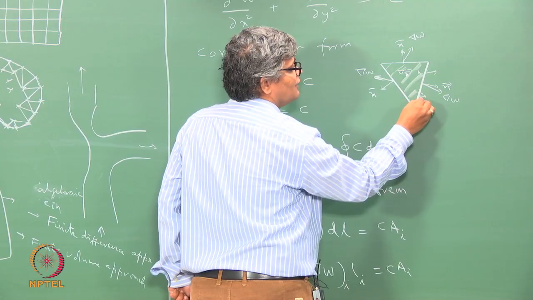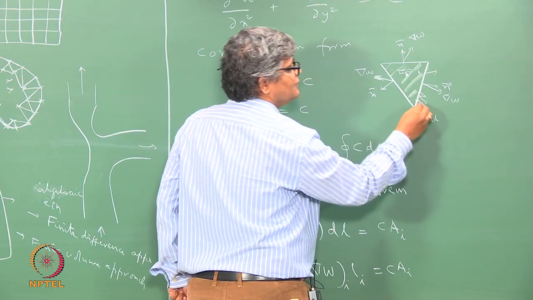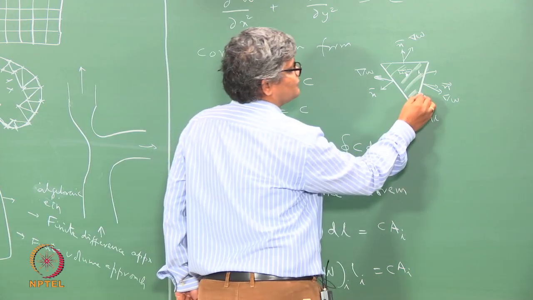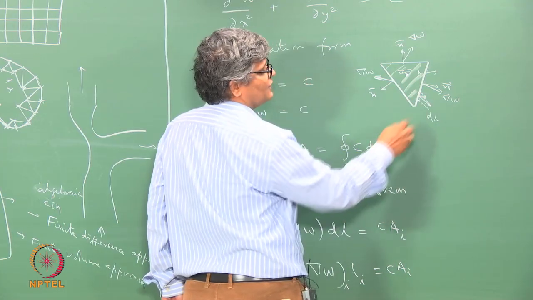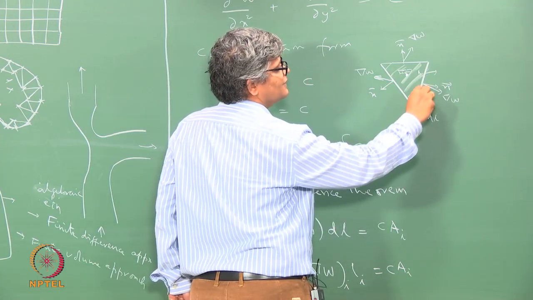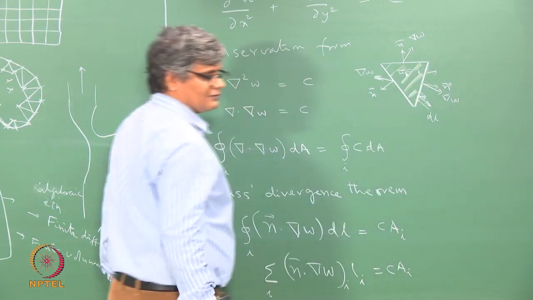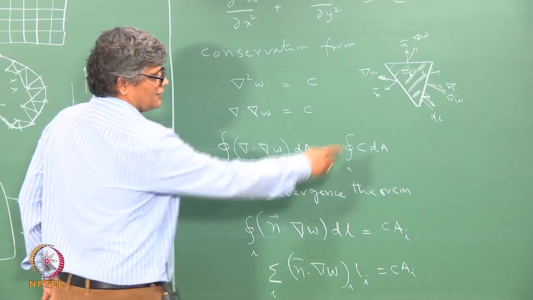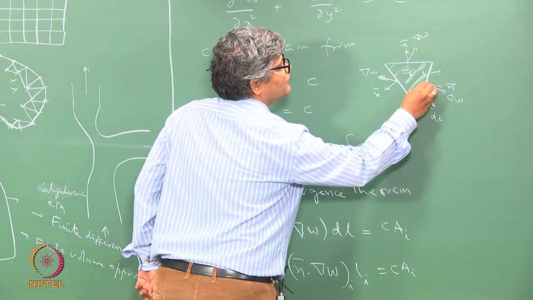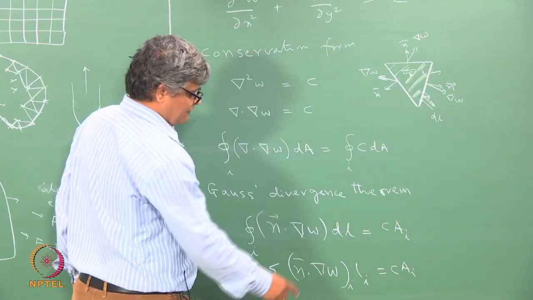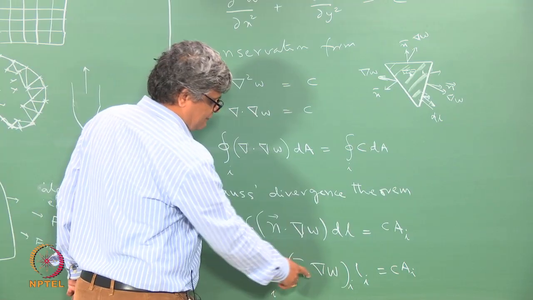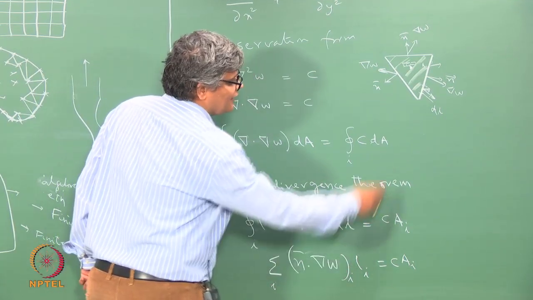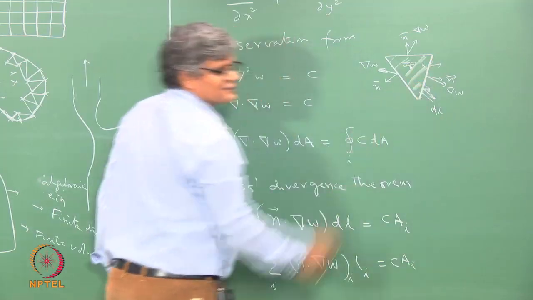So, you take a small dl here and then you evaluate the local gradient, and then you take the local surface normal vector, take the dot product, multiply by this, and then you move on to this. So, if the cell size itself is small, then we can approximate this as, at the midpoint of this side I evaluate the gradient, and then I evaluate the surface normal vector, and then I take the dot product here, and then I multiply by the length of this side.